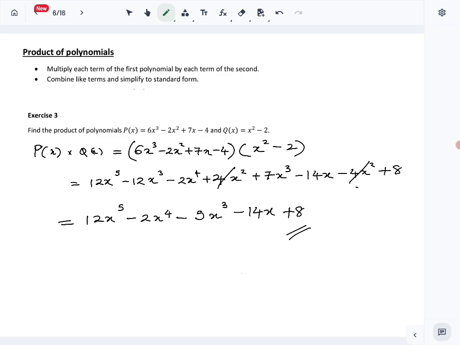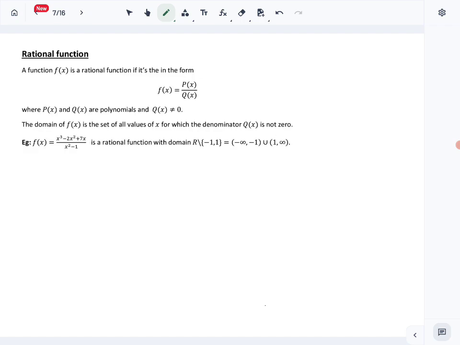So product of polynomials is done like that. Get rid of the brackets, right? So we did addition, subtraction and product. Then to do division we need to first introduce rational functions. Okay, so let's first introduce what is a rational function, right?